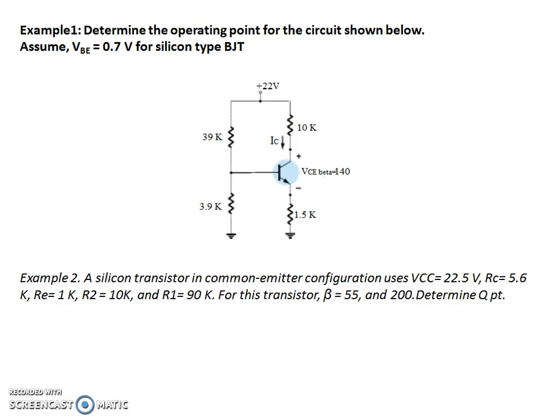Having studied how to derive or how to evaluate the various DC operating parameters, one can solve these examples to find out the DC operating point of the given circuit.